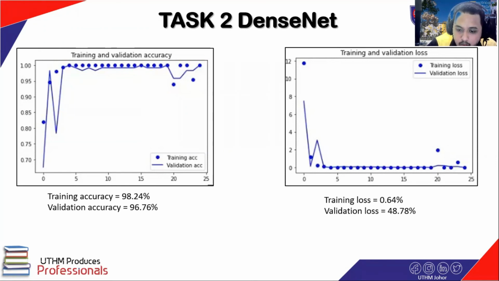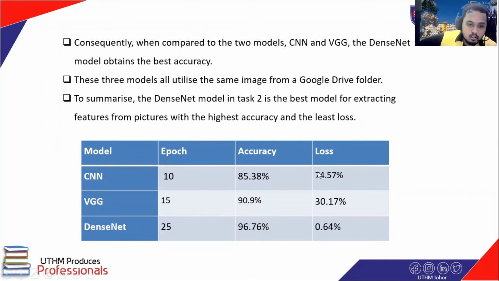For the training loss, we get 0.64%, and the validation loss equals 48.78%.